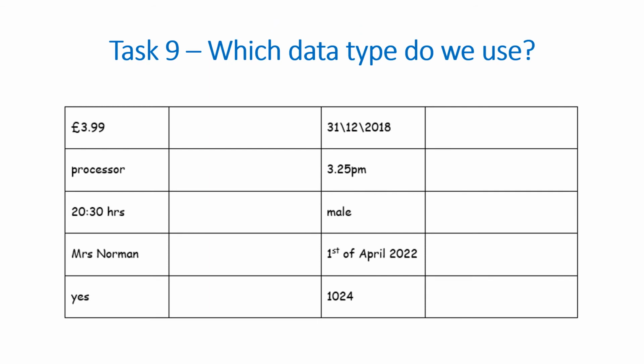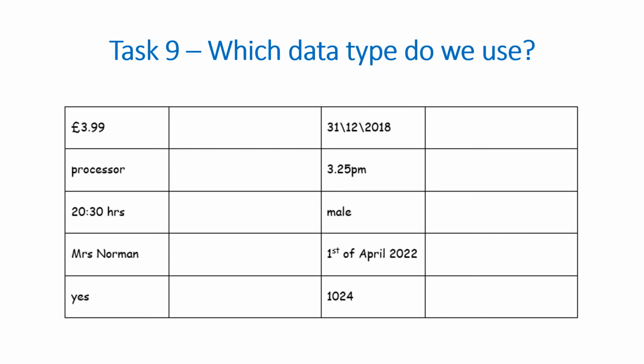So moving on, what I want you to do for task 9 is to try and identify what data type we would use for each of these pieces of information. Okay, so you can also flip back to the last slide and have a look just to remind yourself of the 5 data types that we use. So have a look at the first one.